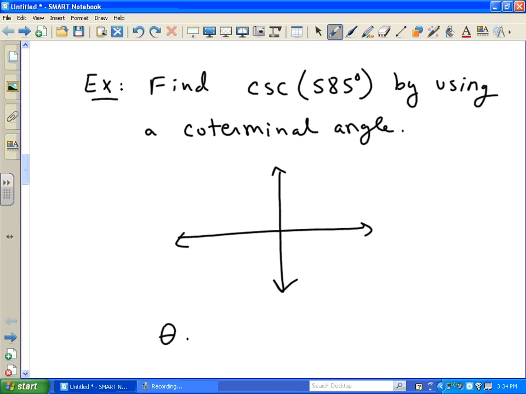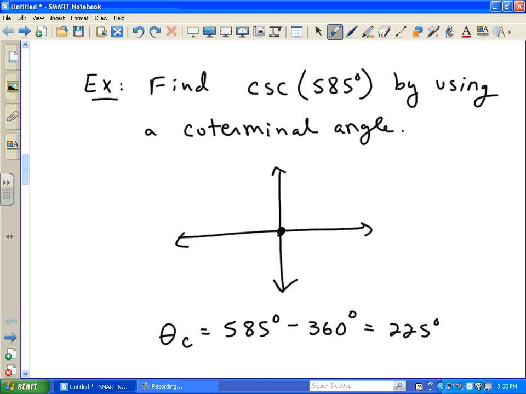So theta, that's coterminal, I would find this by taking 585 degrees, subtracting off, first of all, 360 degrees. If I do that, I get 225 degrees. Okay, that's less than 360, so I can draw that, and I know an accurate place to locate that angle.